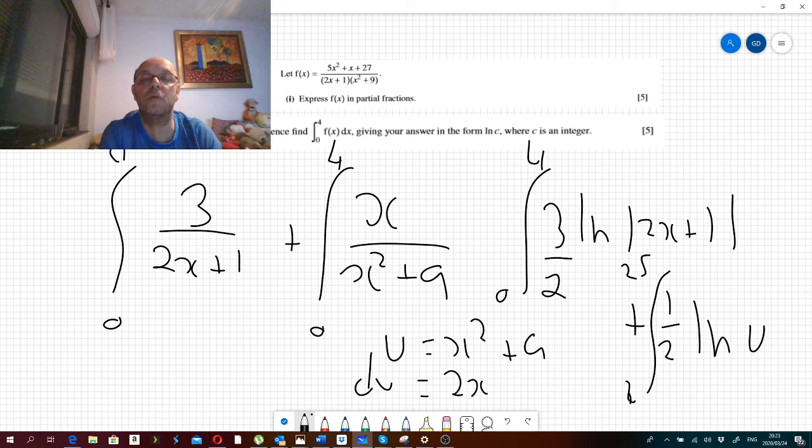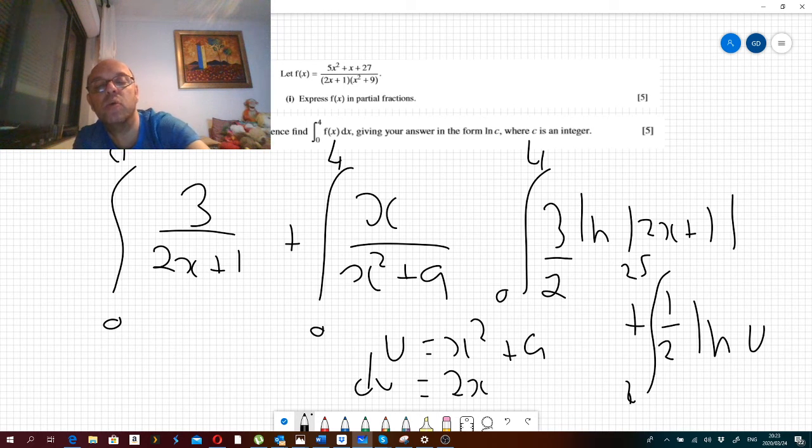we know that u is equal to x squared plus 9, so we could go back to the x one if you wanted to, and then just put that back in as 0 to 4 if you wanted. So either way is fine, okay, if we want to do values.